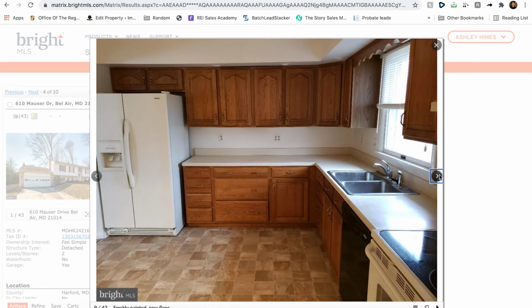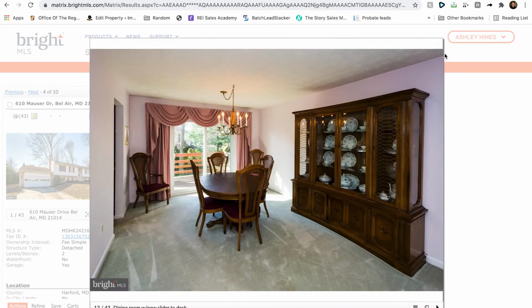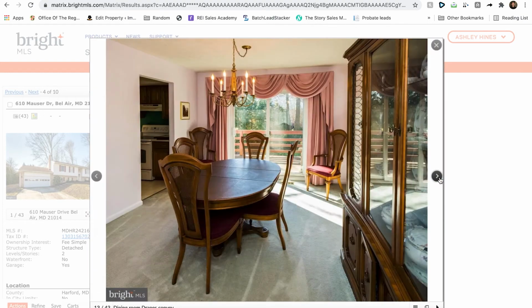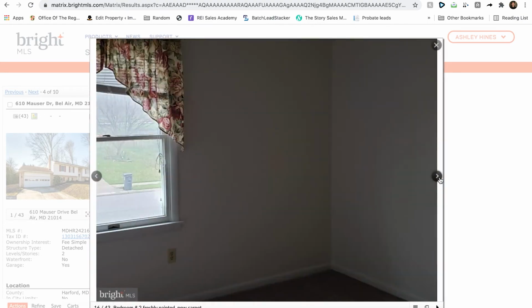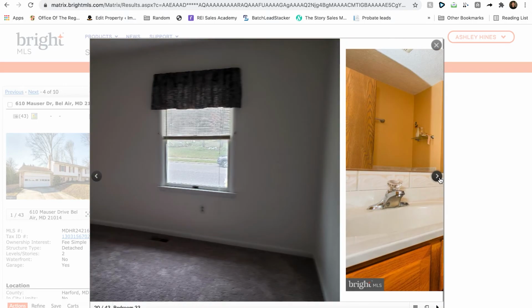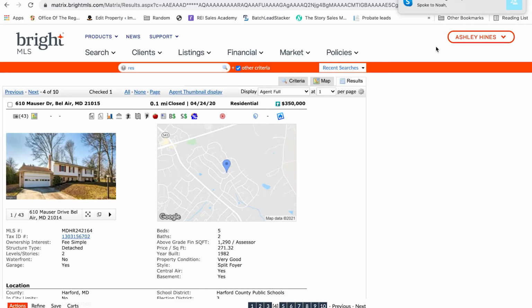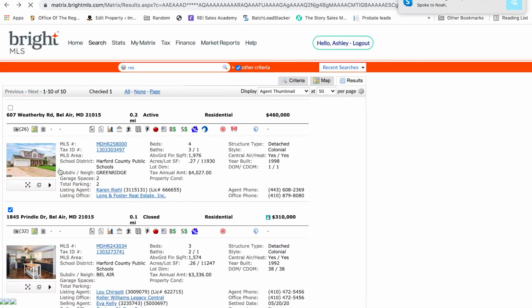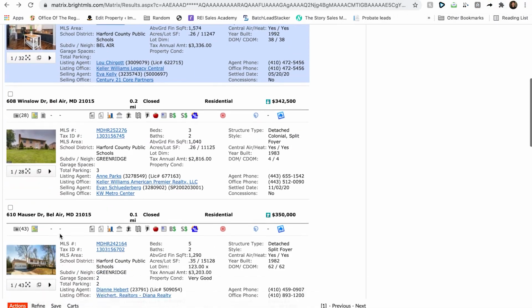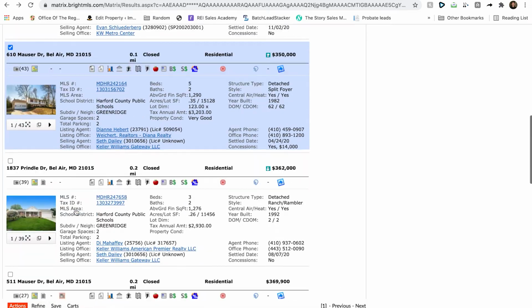Original kitchen to when it was built, most likely old carpet. I would read the comments if we weren't going so quick, just to make sure that it's move-in ready, but I call this move-in ready, even though it's not pretty in a lot of instances. So this, again, would be a good comp for me right there.